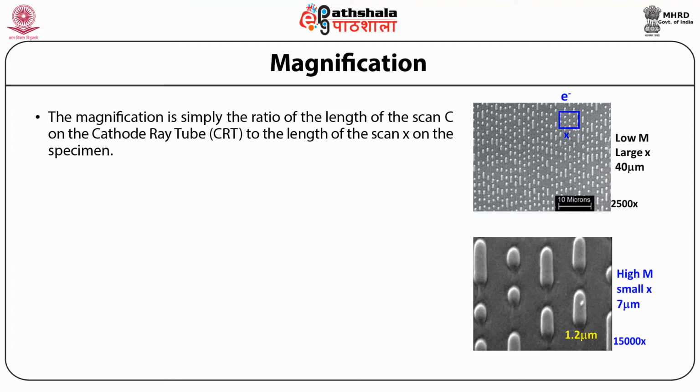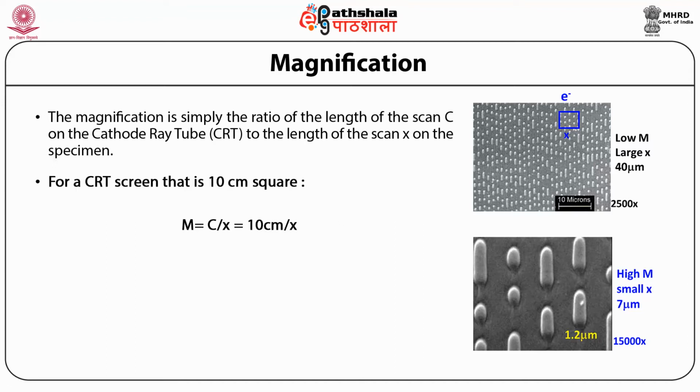So basically we can say the magnification is simply the ratio of the length of the scan C on the cathode ray tube, CRT, to the length of the scan X on the specimen.